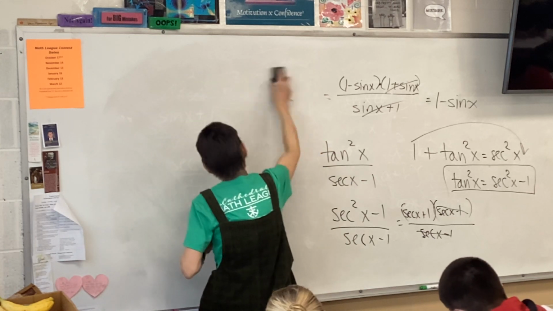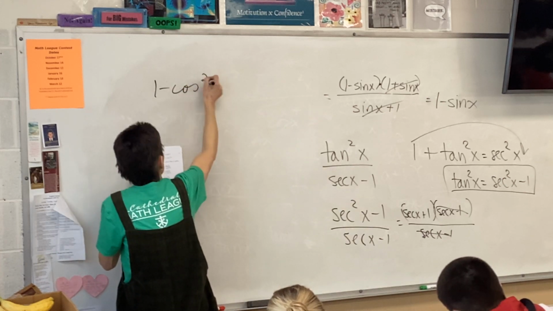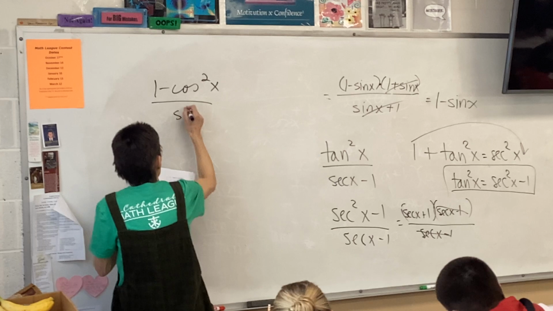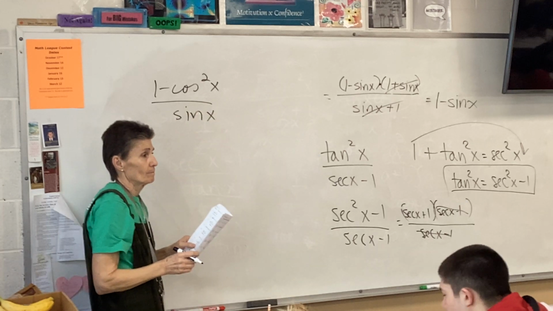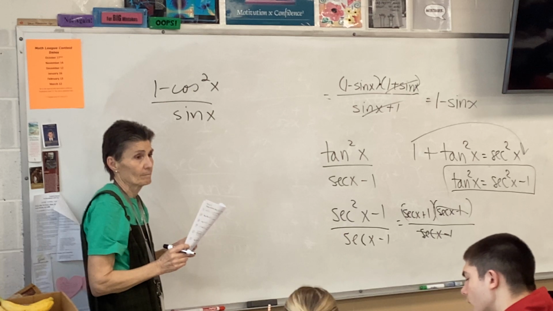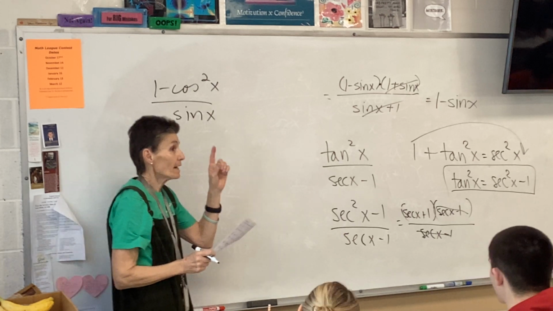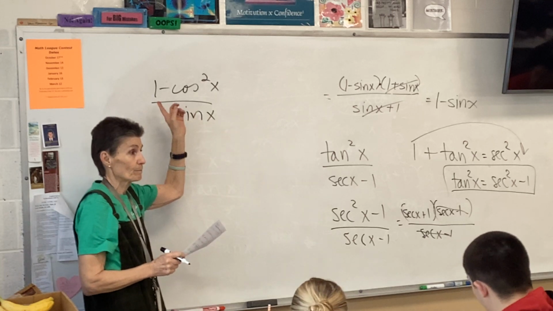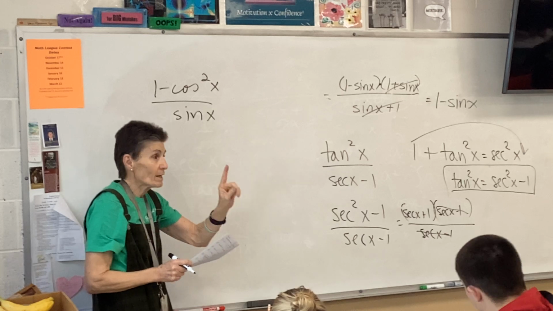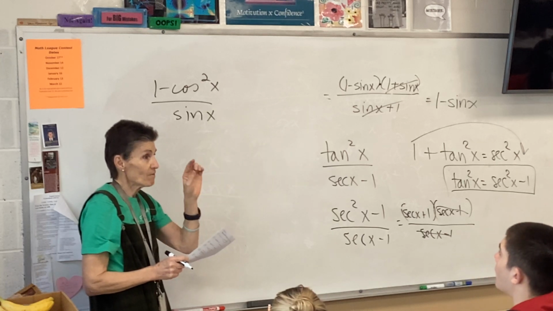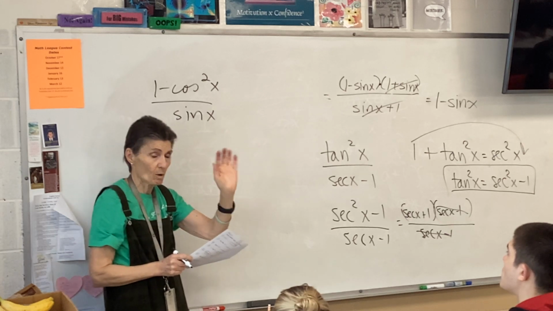Okay, somebody, please tell me what to do with number 7. Okay, so can I factor the numerator? Yes. Okay, now, where do I go after that though? If I factor the numerator, it factors 1 plus cosine, 1 minus cosine, that would not be wrong.